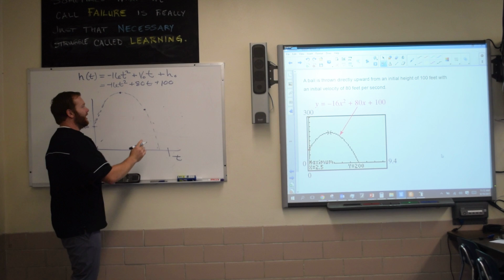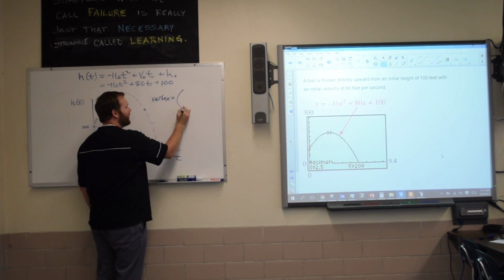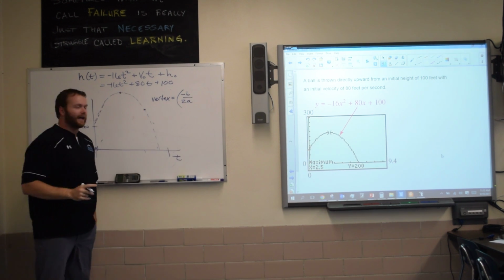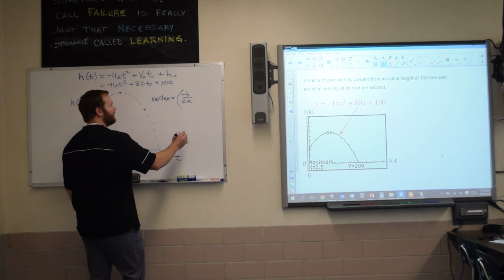When you find your vertex, it is always located at the opposite of b over 2a. So going back to my quadratic equation, take my b term, make it negative, and divide by 2 times my a term.